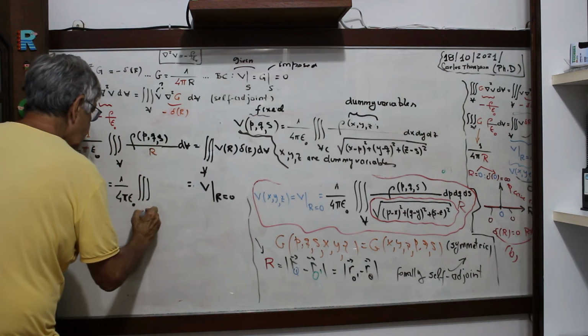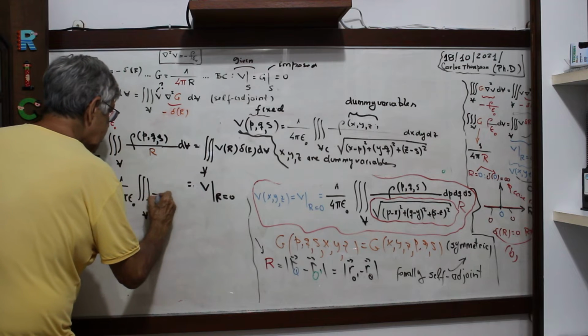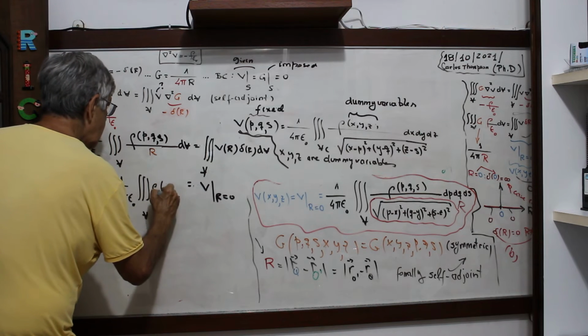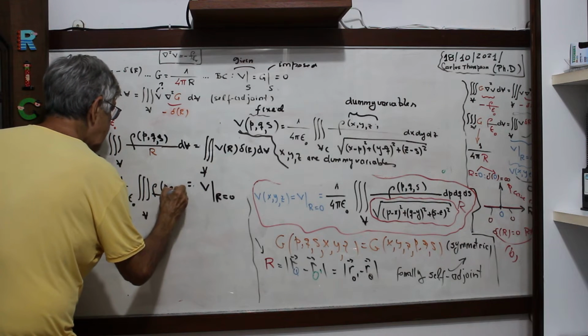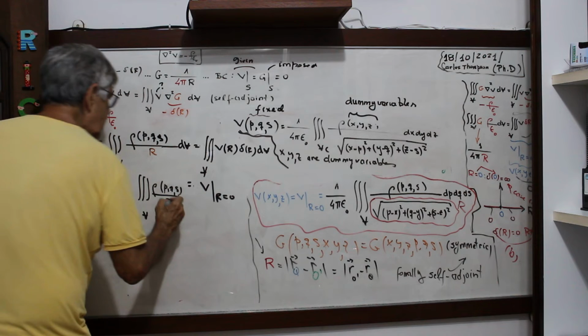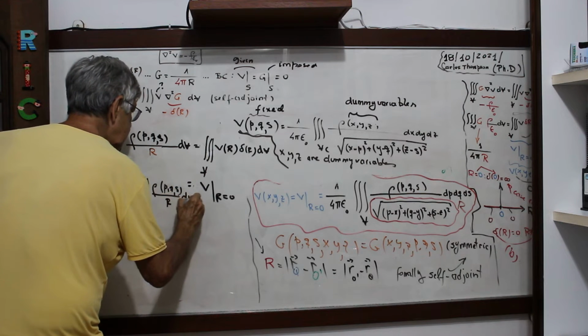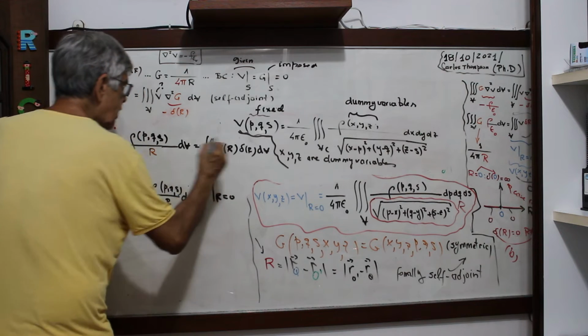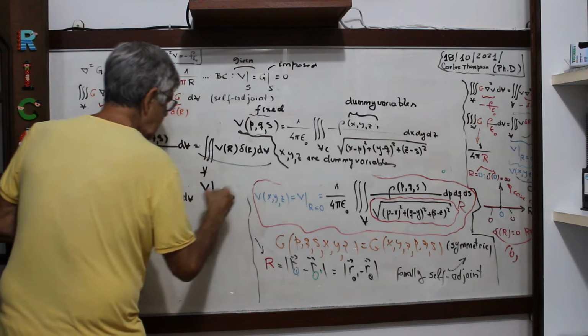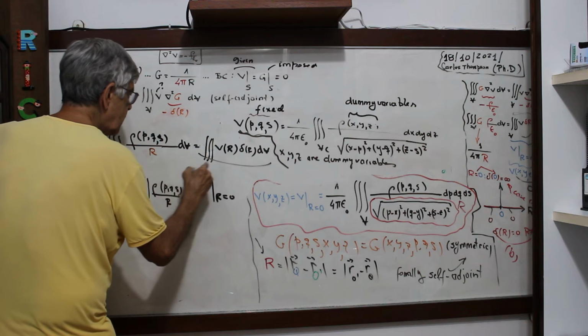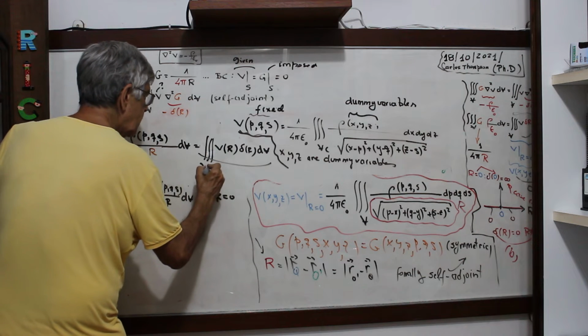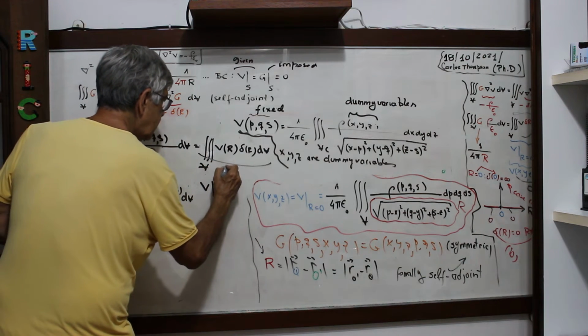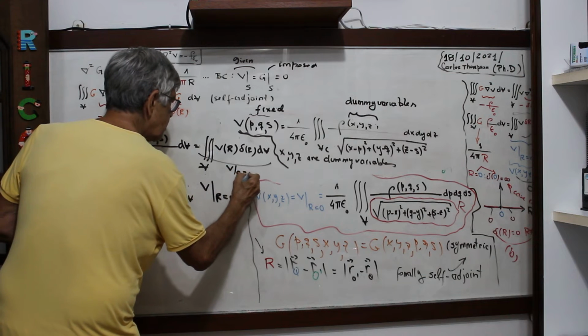It is equal to 1 over 4 pi epsilon 0, the integral over the volume of rho of P, Q, S over R dV. This one is just this one here, V of R equals 0.